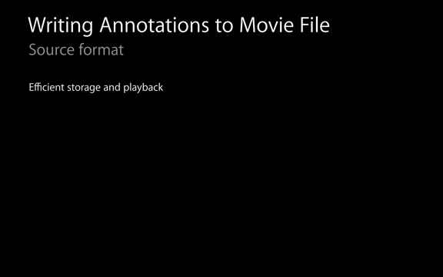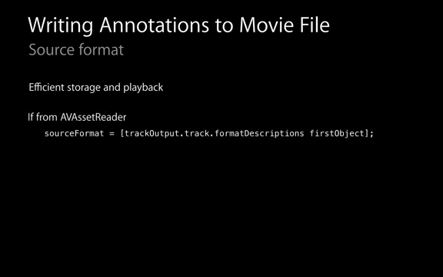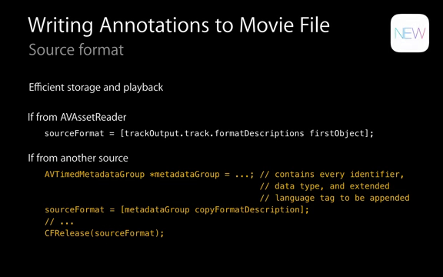So you do have some options in terms of how you actually construct one of these format hints. If you're reading from an AVAssetReader, you can actually ask the track that you're reading from to give you its list of format descriptions and use one of those. If you're creating the metadata group yourself or getting it from some other source, then you can use a new method called copyFormatDescription that will give you back an instance of CMFormatDescription that will do this job for you.